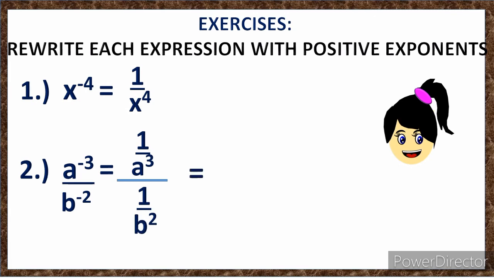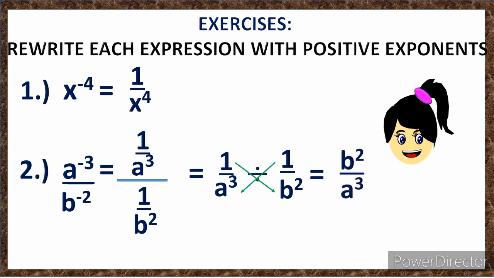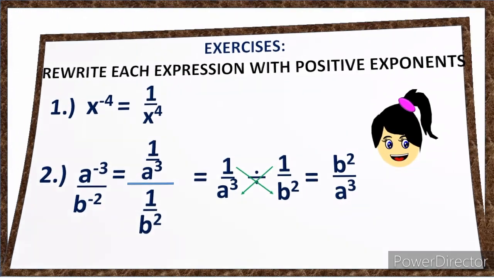Then it is equal to 1 over a raised to 3 divided by 1 over b squared. If we divide fractions, we cross multiply. So 1 times b squared and 1 times a cubed. 1 times b squared is b squared and 1 times a cubed is a cubed. Therefore, we have b squared over a cubed.